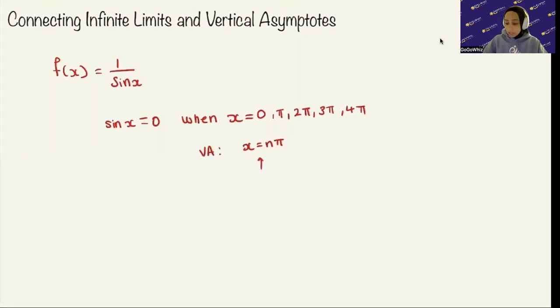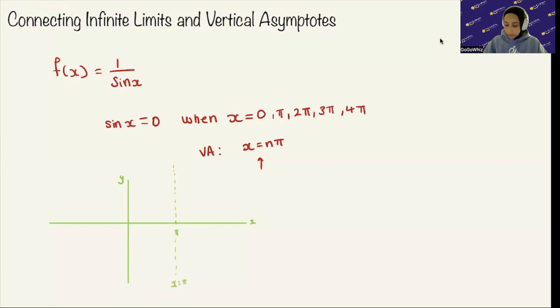So if I were to sketch out a graph with a vertical asymptote, here's my x-axis, my y-axis, and imagine the vertical asymptote happens over here. This is pi, so this is one of the vertical asymptotes we're talking about, x is equal to pi.